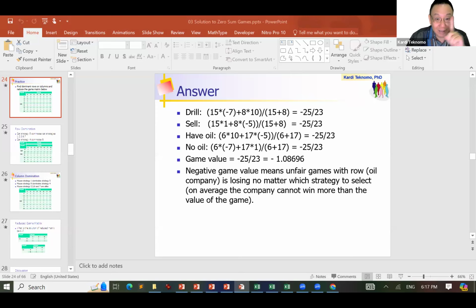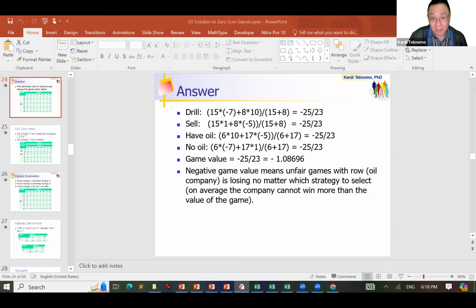If your computation is correct, you will see for all players and for all alternatives, you will get a constant. This constant is minus 25 over 23, which is minus 1.086. So what's the meaning of minus?